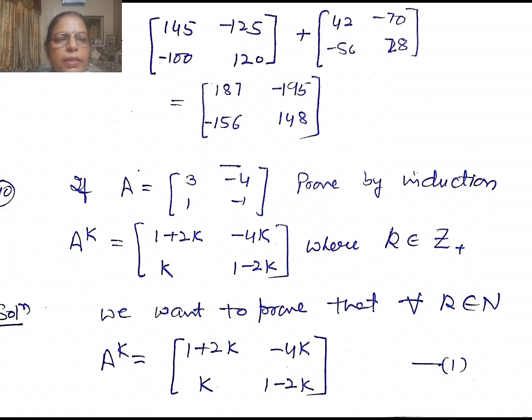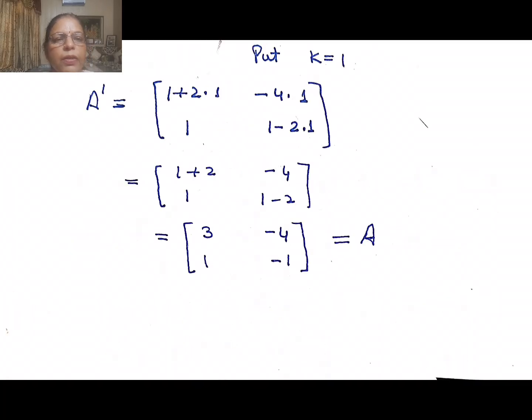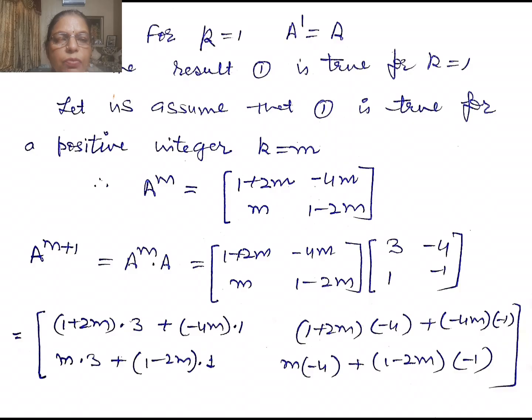Now, for this, we prove the result for k is equal to 1. When we put k is equal to 1, we get A is equal to [3, -4; 1, -1]. So the result is true for k is equal to 1. And the second step is we assume that the result is true for k is equal to m.